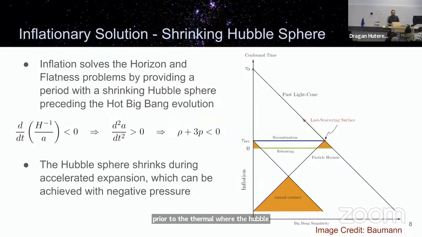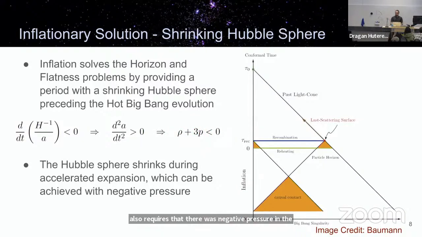Okay, and the basic idea of this is that if the Hubble sphere is shrinking, that requires that the second derivative of the scale factor is greater than 0. In other words, that the expansion is accelerated, which also requires that there was negative pressure in the universe.